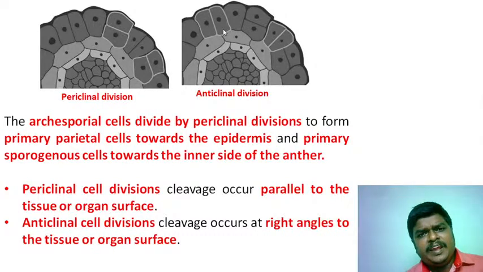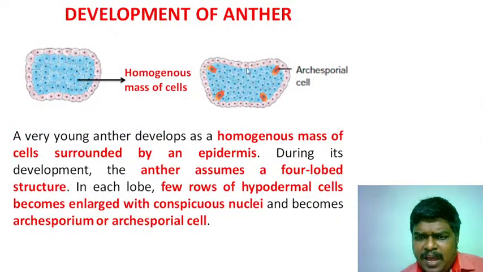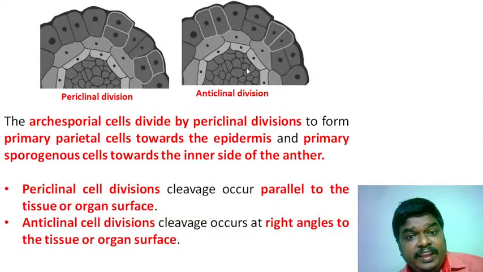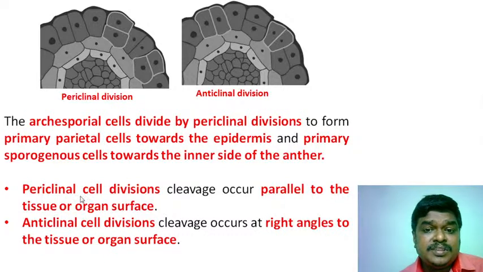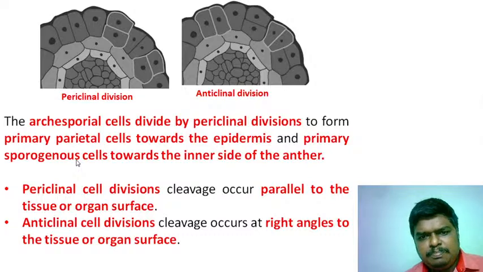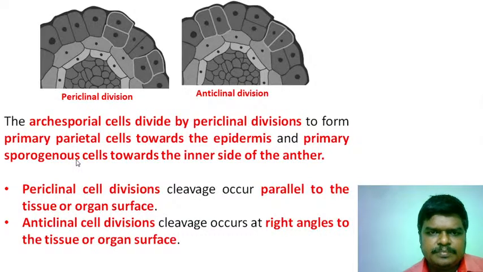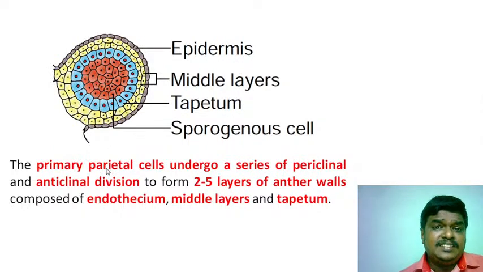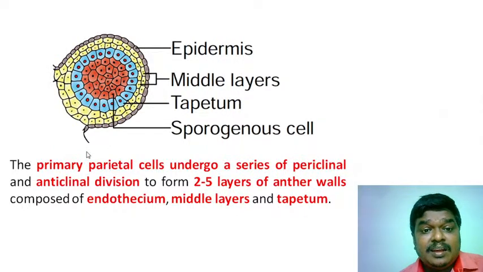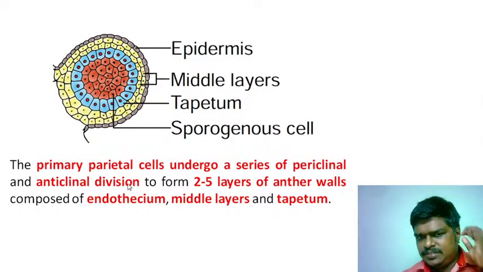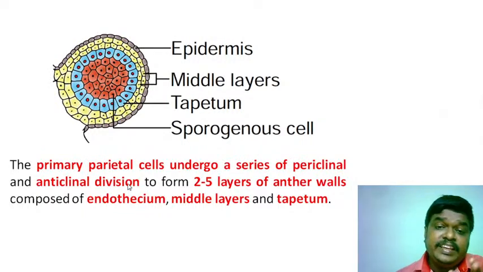So now what will happen here? The homogeneous cells become archisporial cells. The archisporial cells divide and form primary sporogenous cells. Now, the primary parietal cells formed here undergo a series of divisions.